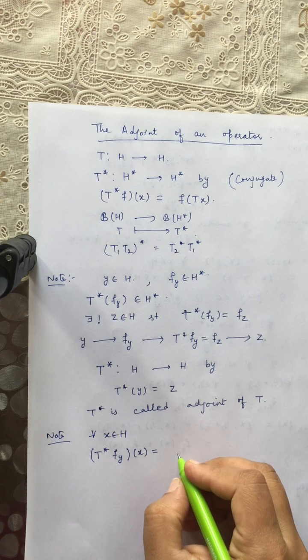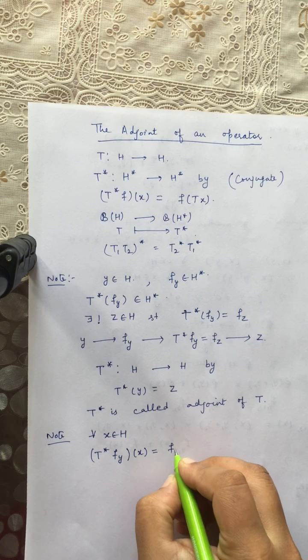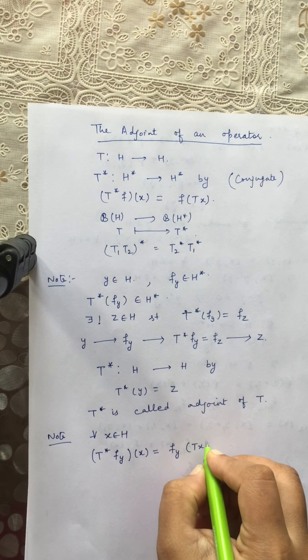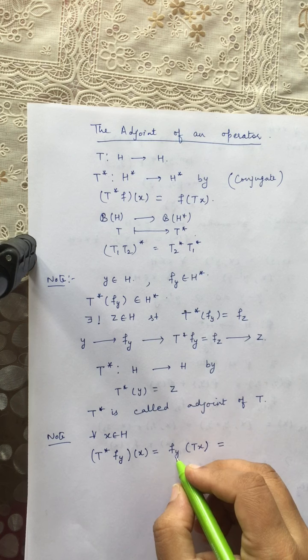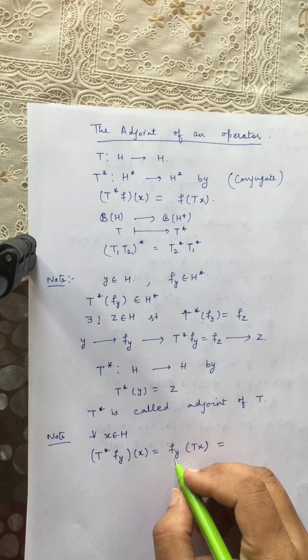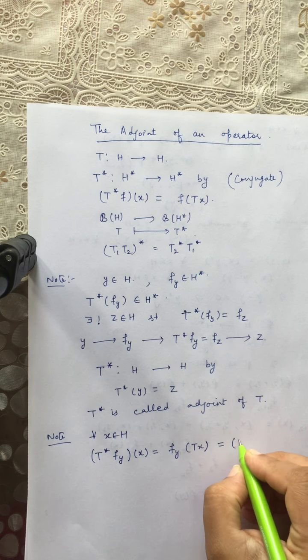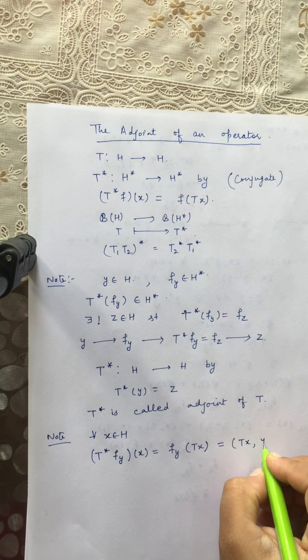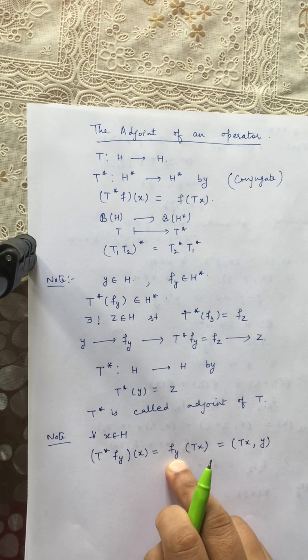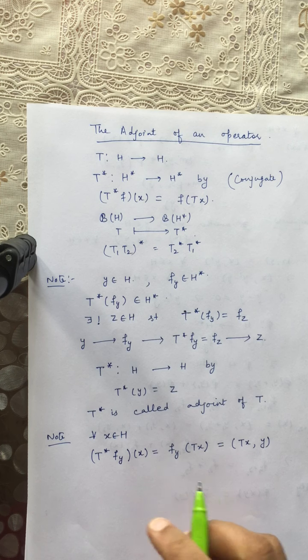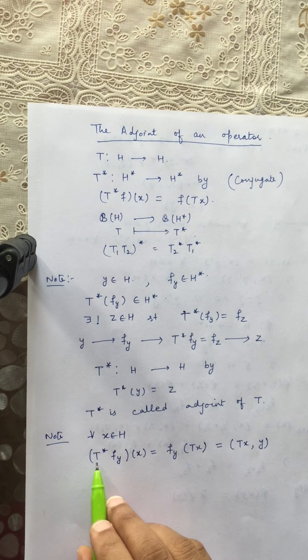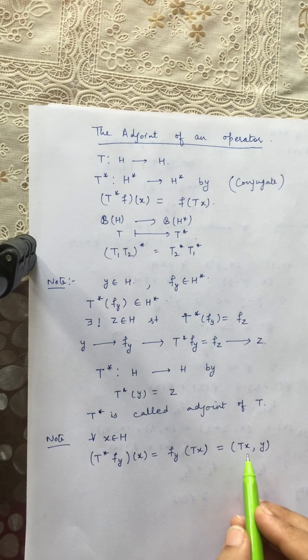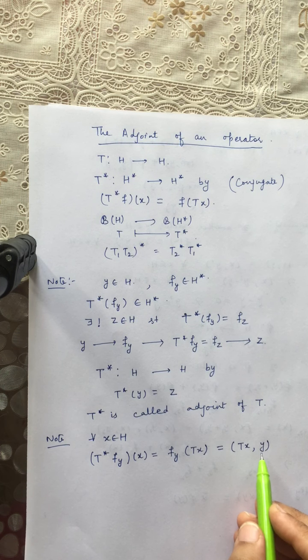By definition it is fy of Tx, and fy is a functional defined by the inner product of this vector and y, so it is the inner product of Tx and y. So we can write T star fy at x is just the inner product of Tx and y.